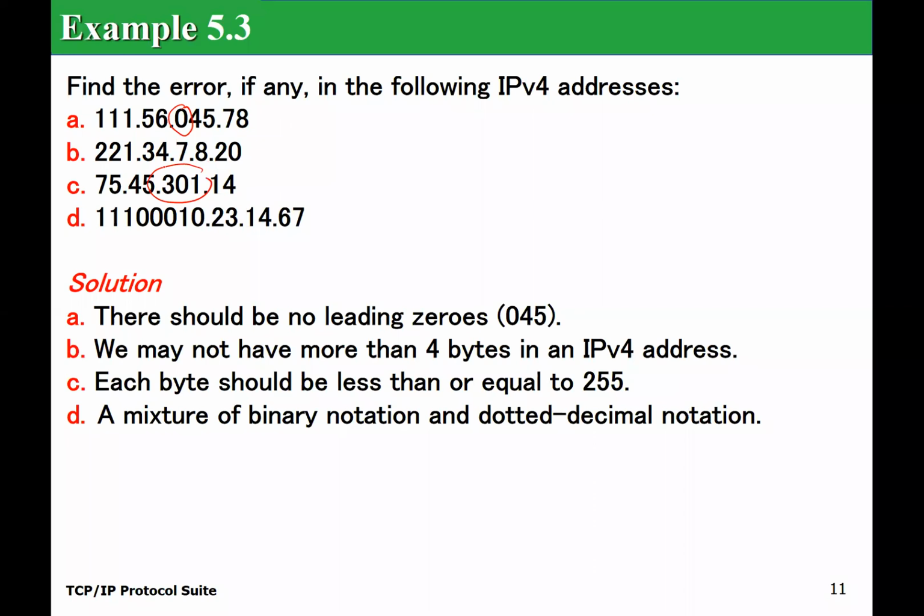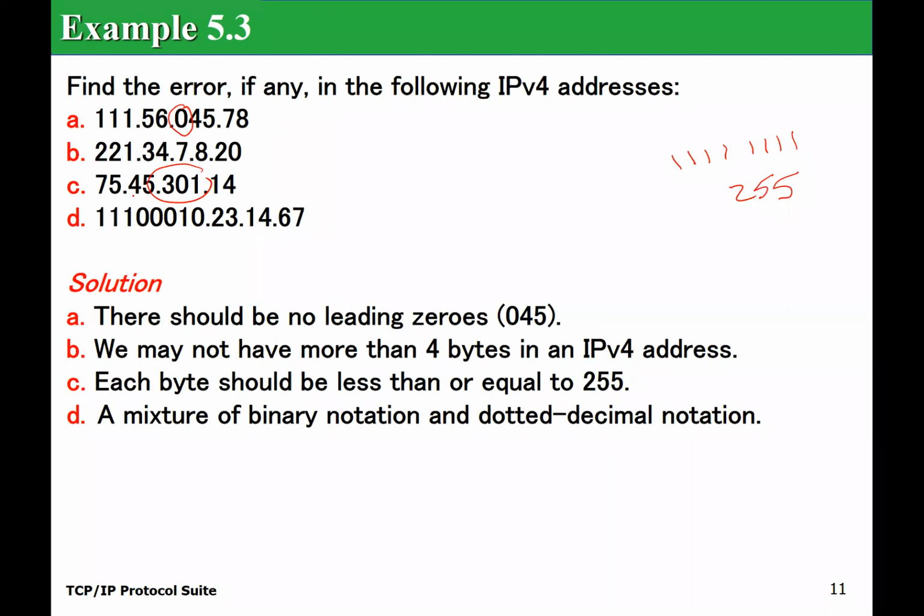Because remember, when you do 8 bits, 1, 1, 1, 1, 1, 1, 1, 1, what is this number? That is 255. So the maximum number should be 255. This one, 301, is more than 255.